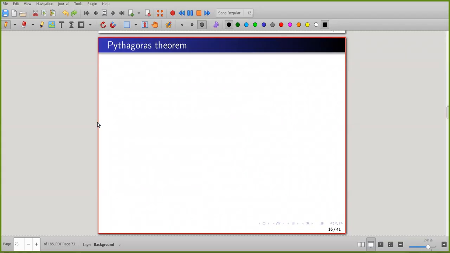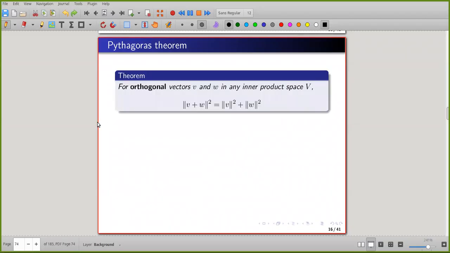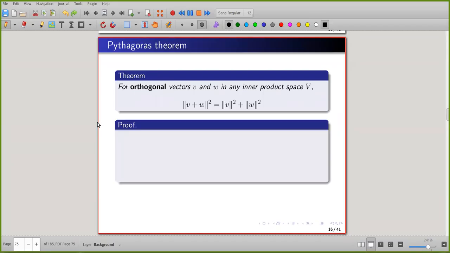So let's prove Pythagoras theorem. What does it say? It says that for orthogonal vectors v and w in any inner product space, norm square of v plus w is equal to norm v square plus norm w square. The proof is simple.